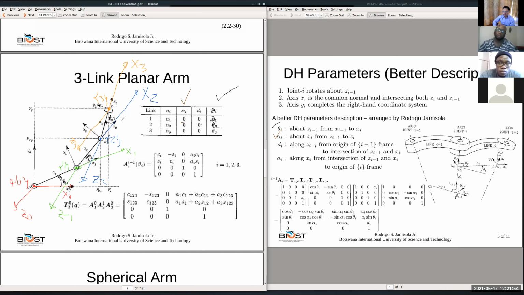Where is x2? This is x2. Again, you move your thumb in the direction of x2, and go from z1. Where is your z1? Coming out of the paper, to z2. Your z2 is coming out of the paper also, and they're parallel. So again there's no rotation. You don't rotate about x2 to go from z1 to z2. They are in the same direction.